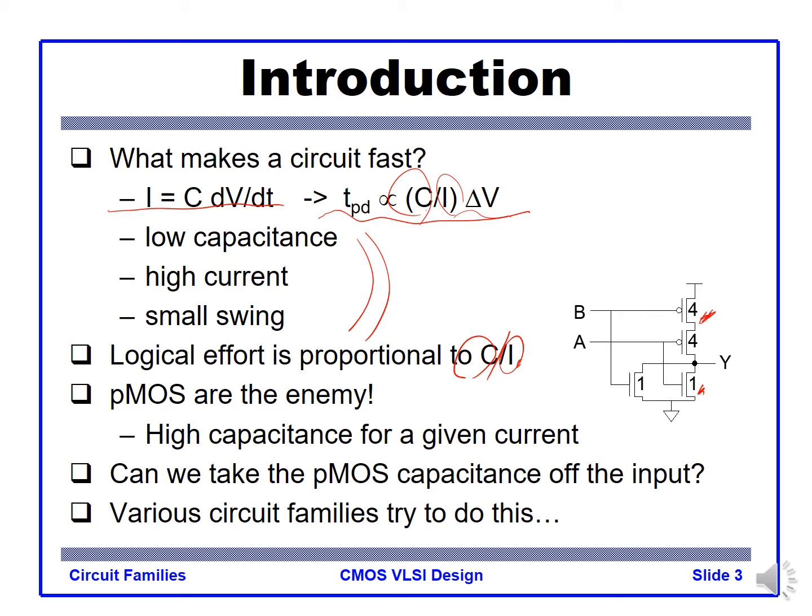Now the question is, can we take out the PMOS capacitance from the input? People tried hard to develop new types of circuits in a way to avoid the PMOS device at the input, so we don't add more capacitance onto the input from the PMOS.